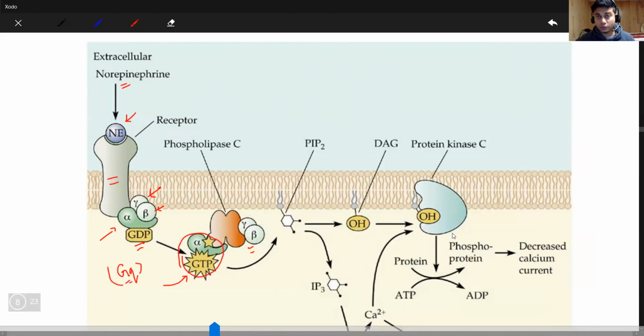Now this GQ alpha, the alpha subunit of the GQ protein, now stimulates one enzyme in the cell that is called the phospholipase C. Now, this phospholipase C activates and works on some other component of the cell. Hold for a minute.